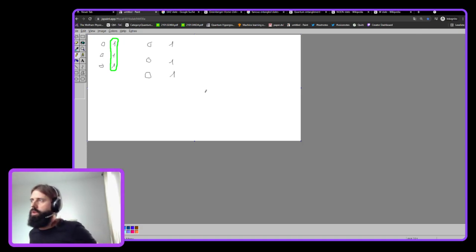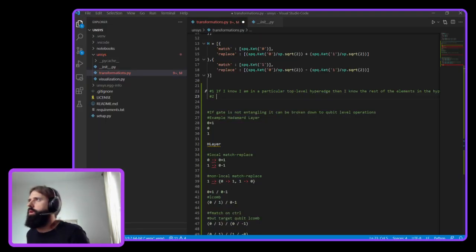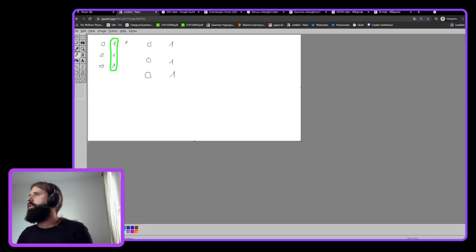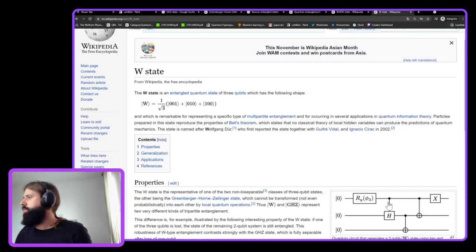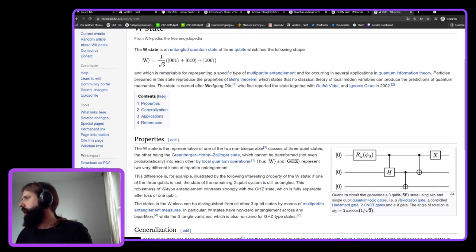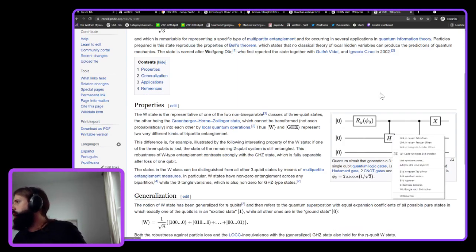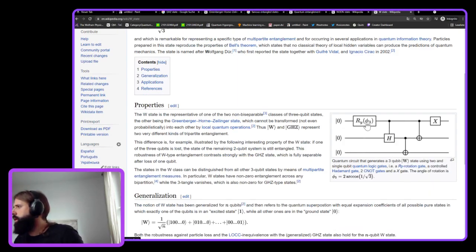But we'll see, because maybe if I would just follow the construction procedure, which I can try to do. Okay, there's a Y rotation.